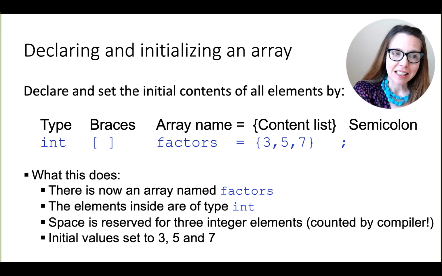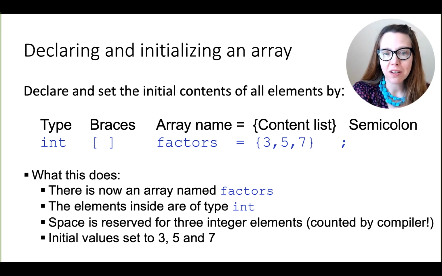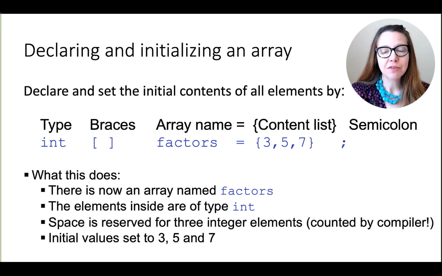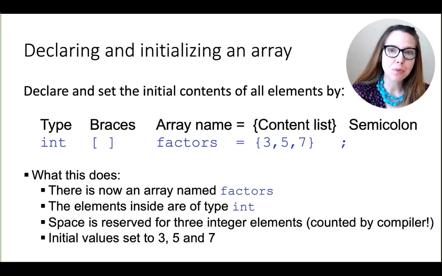So in this case, we have an integer array named factors, and we want to initialize that array to hold 3, 5, and 7. So what that blue line does, it now creates an array named factors. The elements inside of it are known to be of type int, and space is reserved for 3 integer elements.